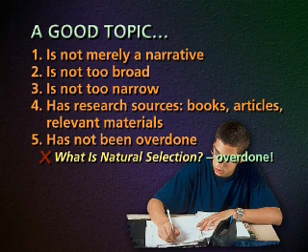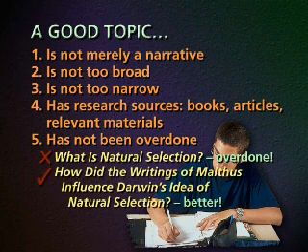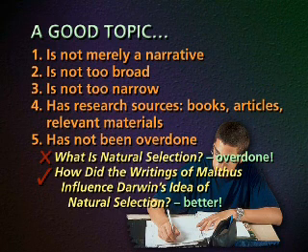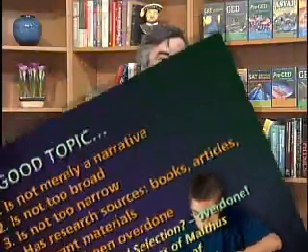A better topic might be something like, how did the writings of Malthus influence Darwin's idea of natural selection? Malthus was an economist and philosopher who is sometimes said to have influenced Darwin because his writings about how overpopulation led to the death of groups within a population influenced Darwin's thinking about natural selection and helped him come up with this aspect of the theory of evolution.